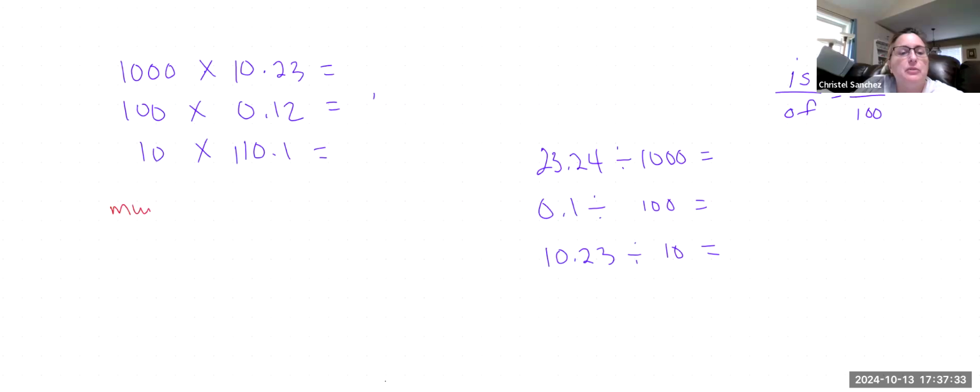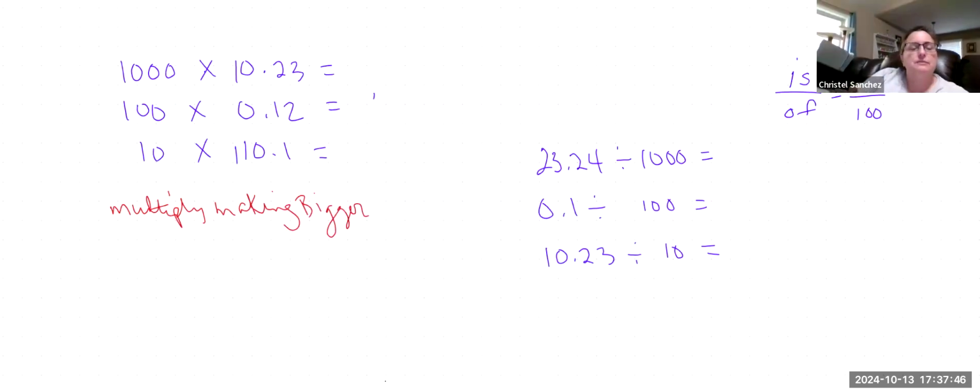when we multiply, you're making a number bigger, okay? So if you're multiplying something times 10, hundred, thousands, you're going to count how many zeros I have.